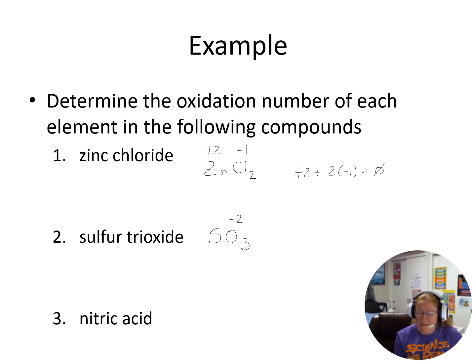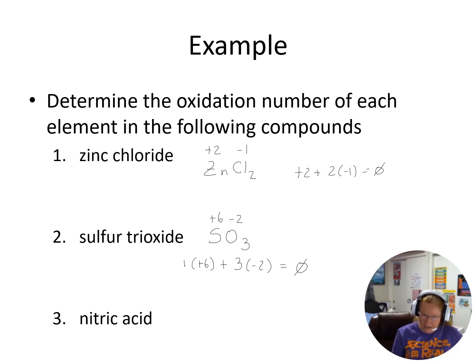So it's just like we did the charge balancing for ionic compounds. I have 1 sulfur with some oxidation number, times 3 oxygens with an oxidation number of -2 for each of them, and an overall 0. So what oxidation number does sulfur have to have to get this to equal 0? Sulfur is going to end up needing a +6.